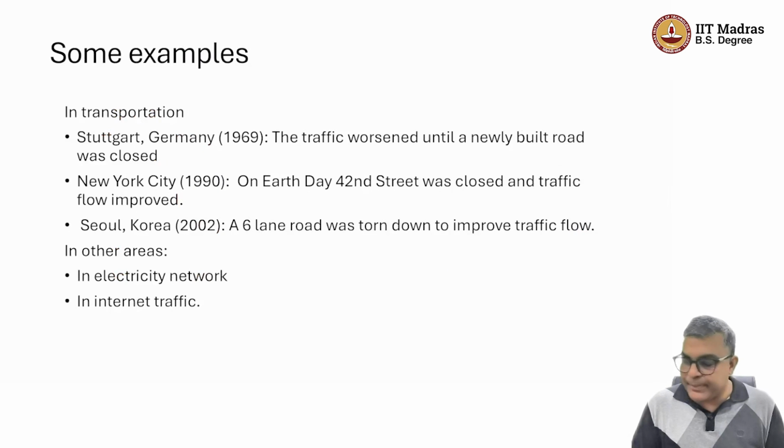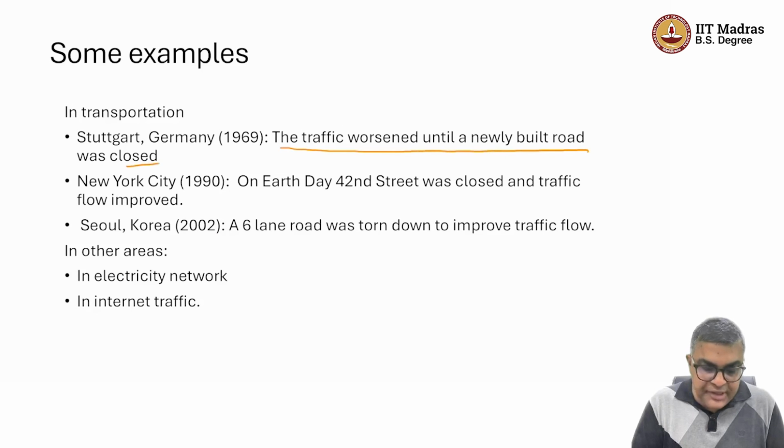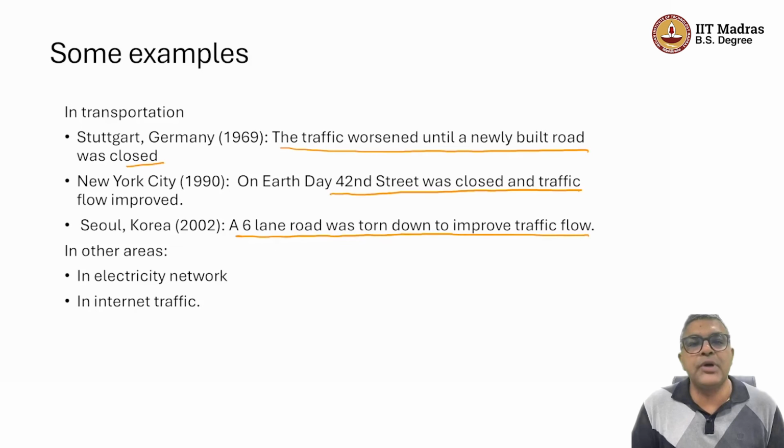Let me give you some examples. In Germany in 1969, after Braess had figured this out, traffic worsened until a newly built road was closed. In New York City on Earth Day, 42nd Street was closed and the traffic situation improved. In Seoul, Korea, a 6-lane road was torn down to improve traffic flow.